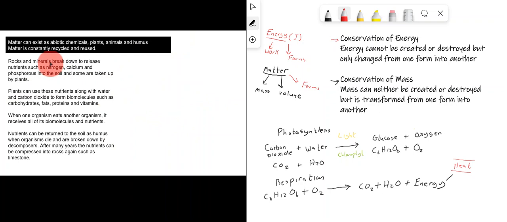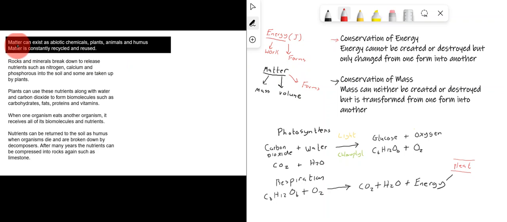So matter can exist as abiotic chemicals. Abiotic means they're not alive. For example, matter can exist as rocks or other non-living things. Remember, this is what matter is: matter is everything, the building blocks of everything. It's the atoms that make up everything. So that can exist in different forms. It can exist as a person.